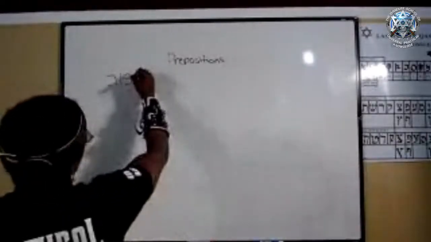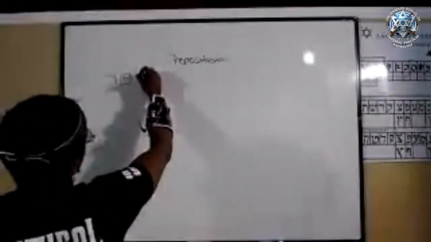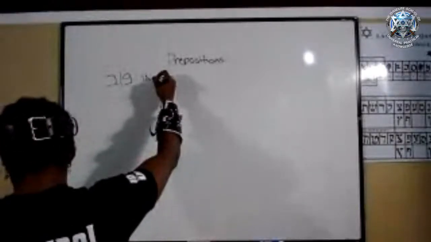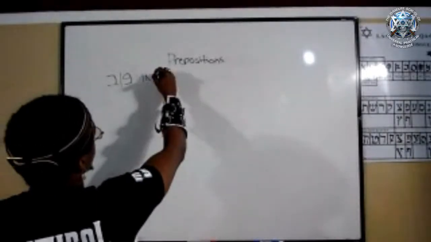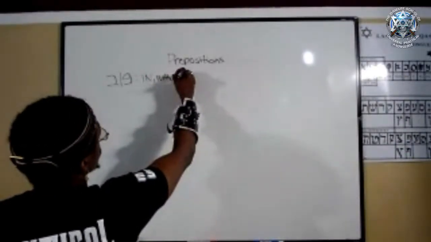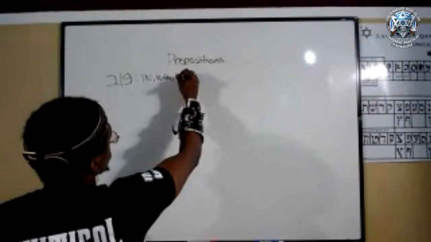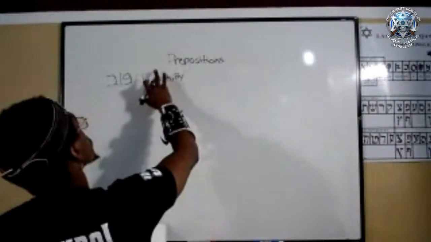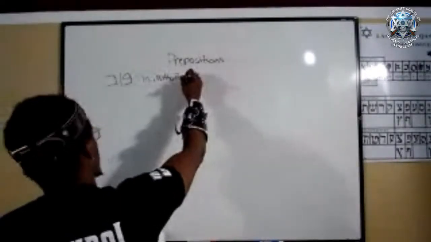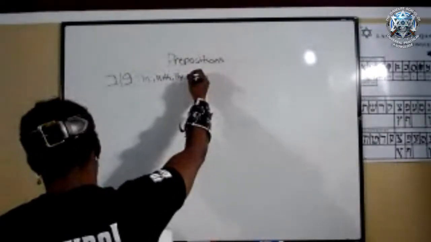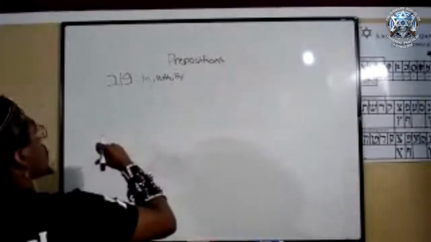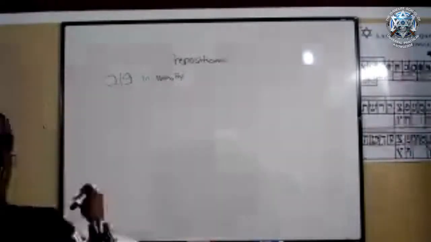Ba is a preposition meaning in or with. In, with, or by.